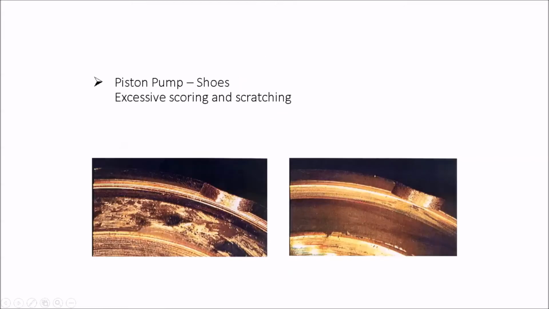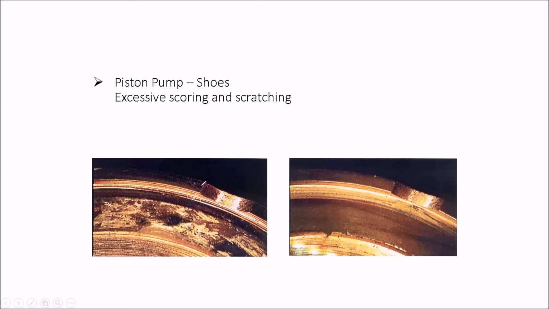This is another example, excessive scoring and scratching. This is more critical. It happens when there is completely no oil, or the pump oil is not sufficient to fill the whole system, so certain parts of the system may not receive oil.